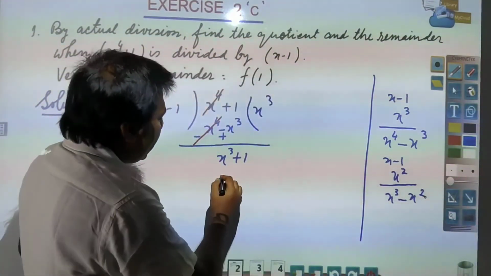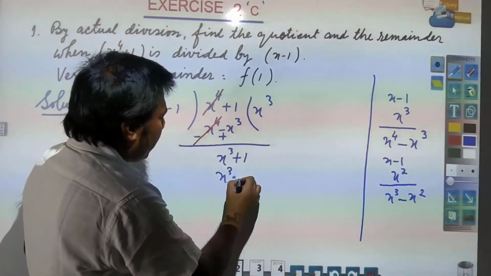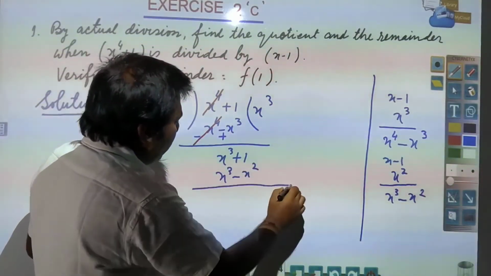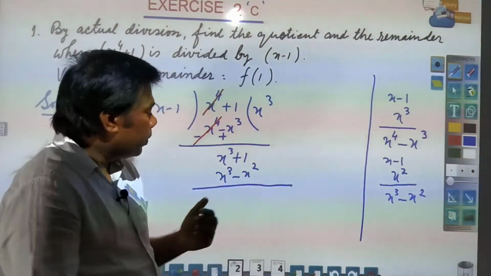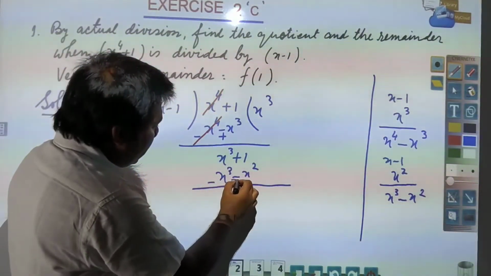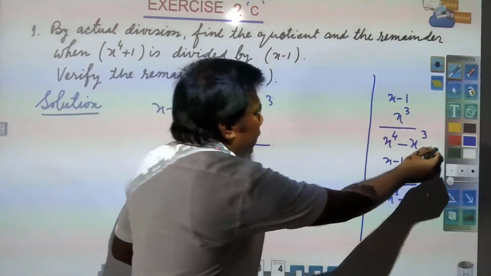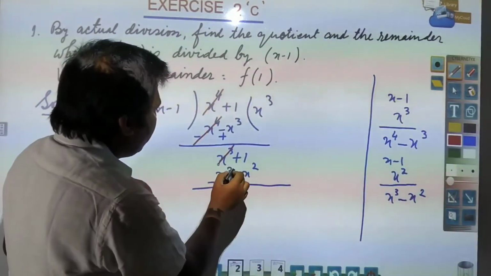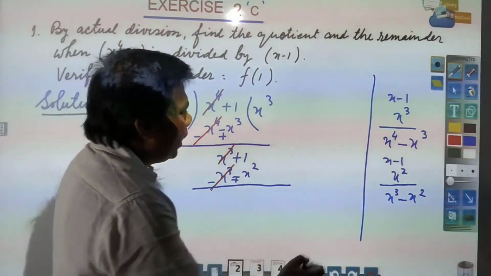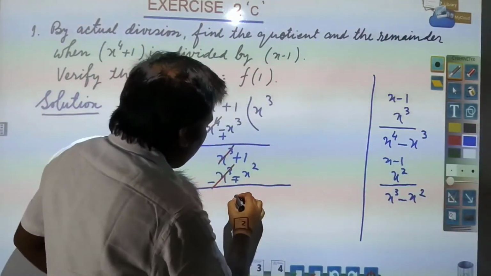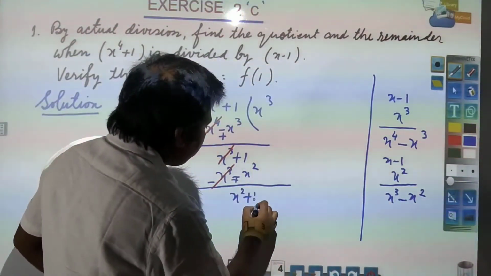So here you get x cube minus x square. Now it is required to be subtracted, so signs change, x cube gets cancelled, and you are left with x square plus 1.